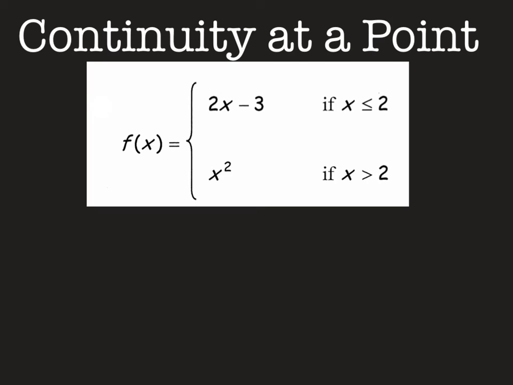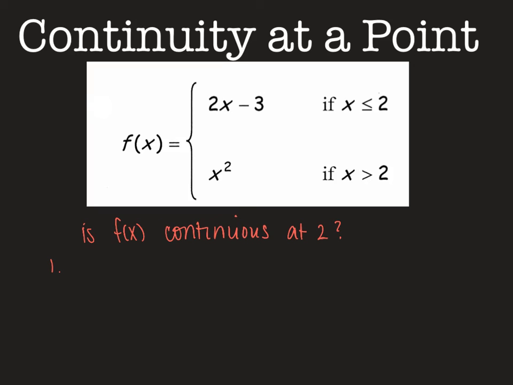So this question right here is going to ask, is f of x continuous at 2? Okay, so this is obviously a piecewise function. I have a piece for when x is less than 2 and then a piece for when x is greater than 2. So my goal is to hopefully find out that I can plug in 2, I can find a limit at 2, and they're going to be equal.